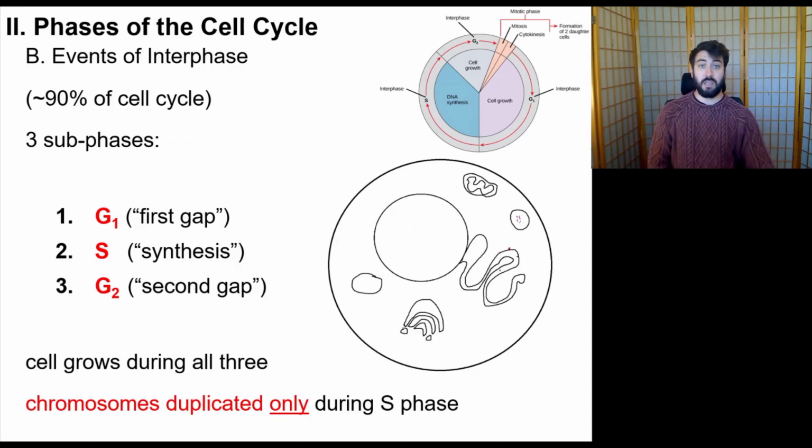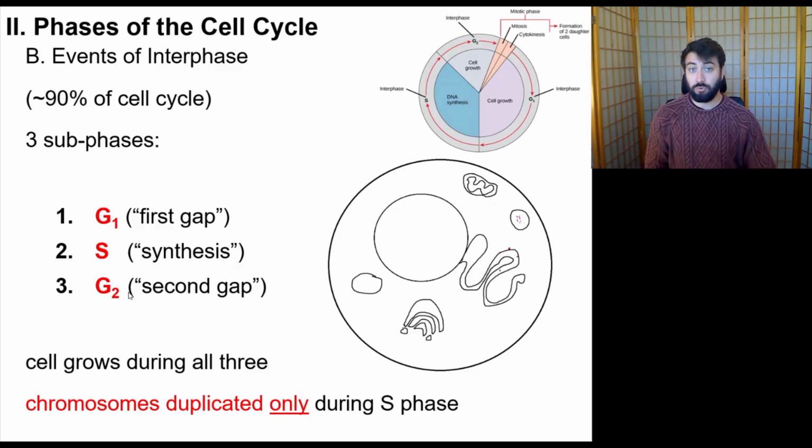Of course, interphase consists of 90% of a cell's life cycle. And we can break it up into three steps. G1, or first gap, or gap 1, I guess. S, or synthesis. And G2, or second gap.